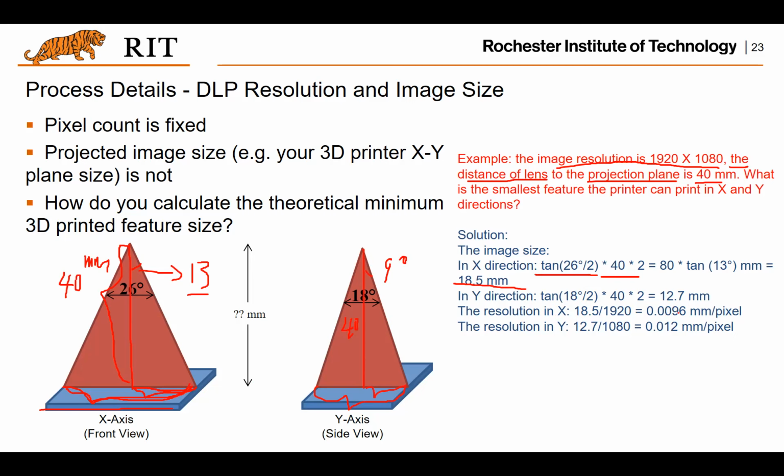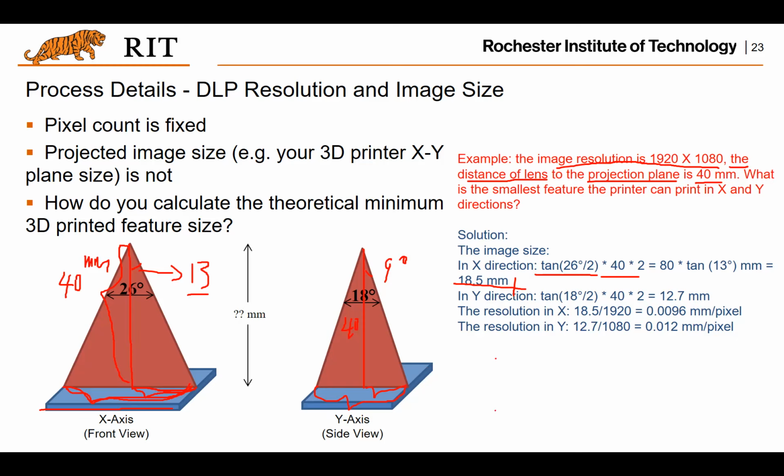Now you have the projected image in x to be 18.5, and in y it's 12.4 millimeters. Still, the image projected has a resolution of 1920 by 1080.